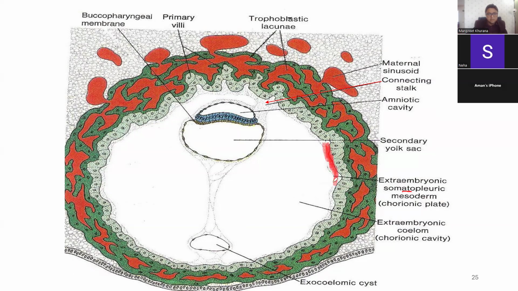So inside the cytotrophoblast, this one is the somatopleuric mesoderm.